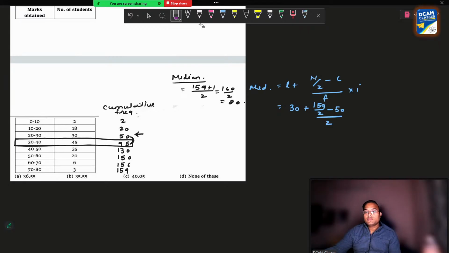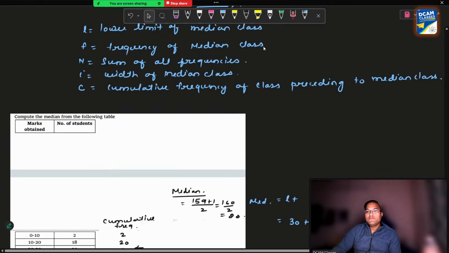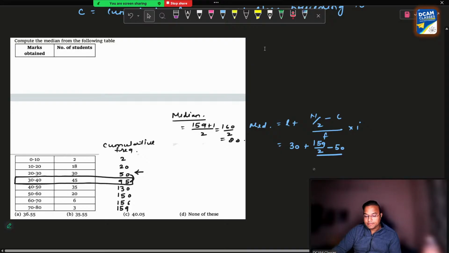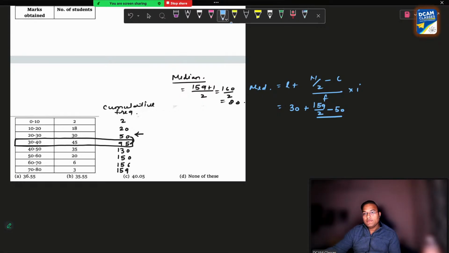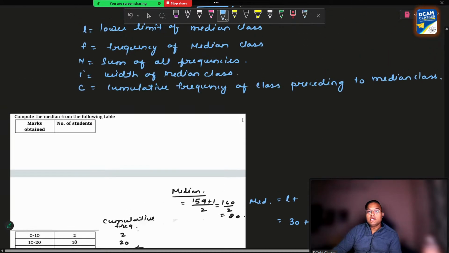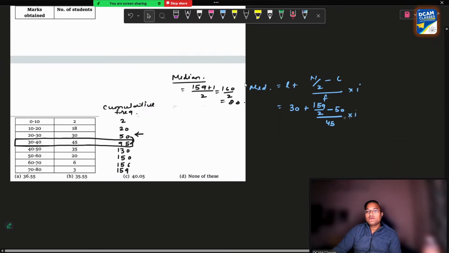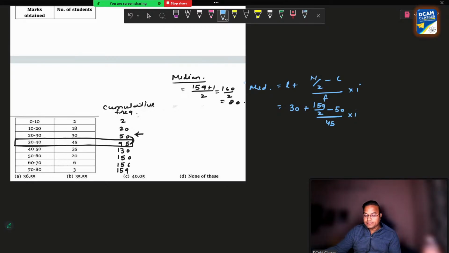Now what is F? F is the frequency of the median class. What is the frequency of the median class? It's 45. So I'll divide it by 45. What is I? I is the width of the median class. It's 10. Multiplied with 10. And then solve it and see which answer you are getting.